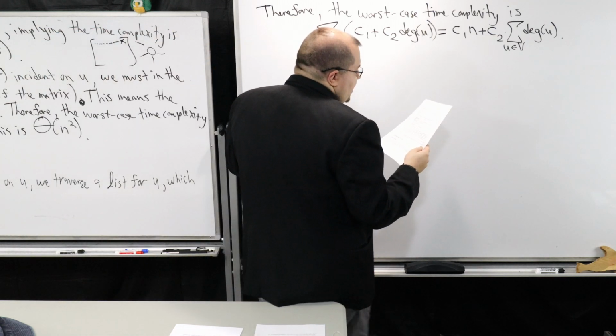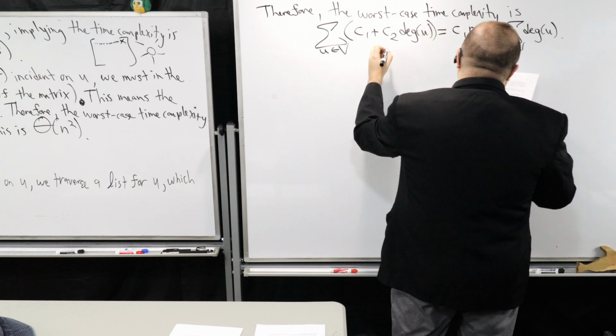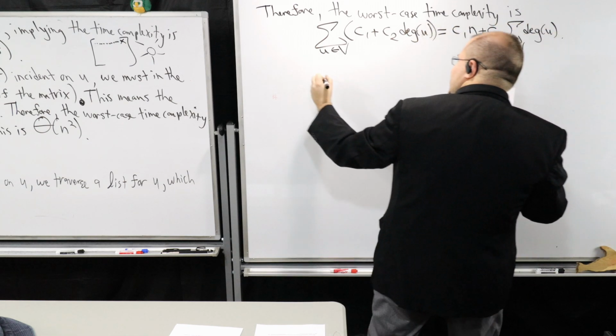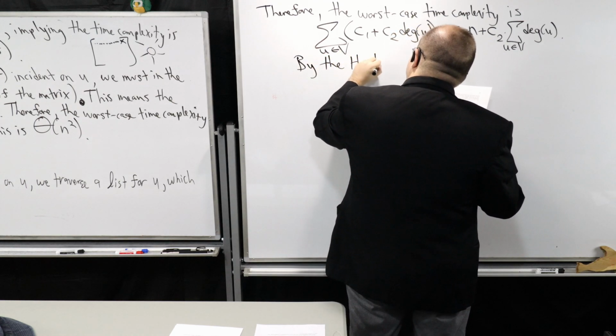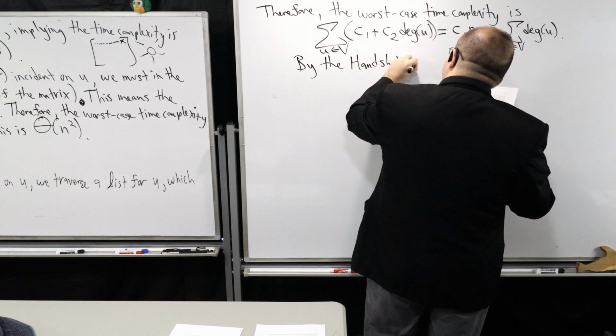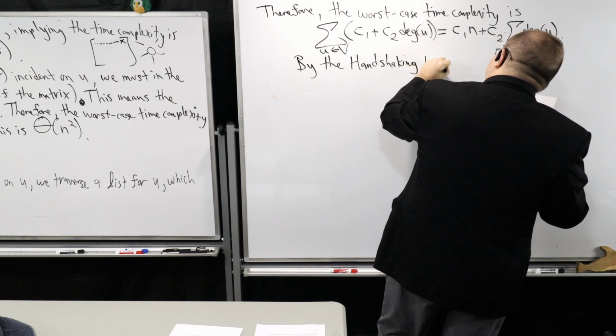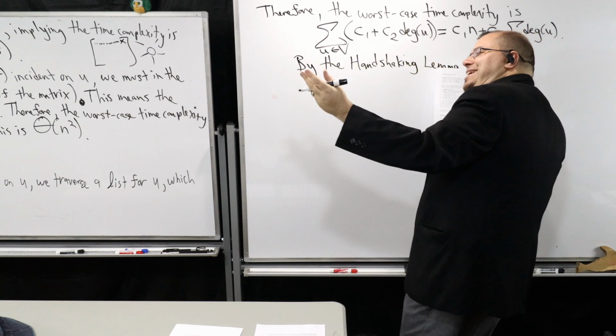By the handshaking lemma, remember I told you it's very useful. It's a very cute property, but it pops up every once in a while and says, hey, I'm here.